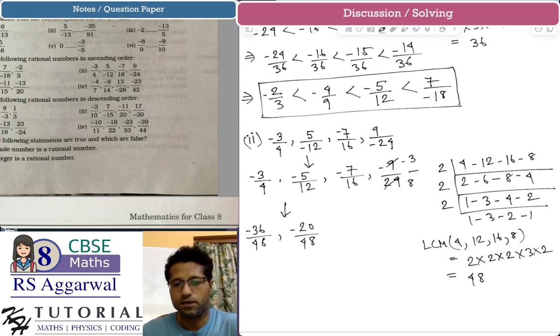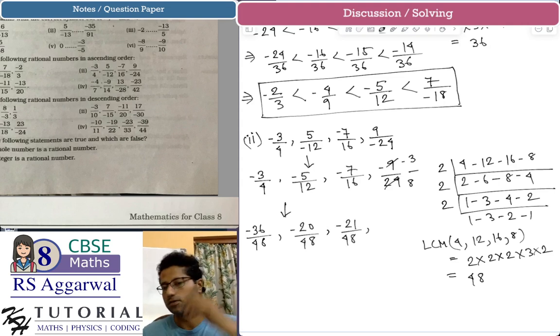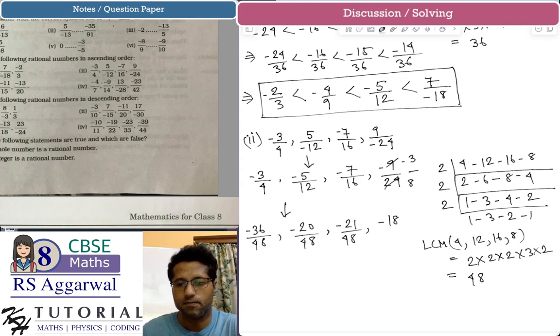Minus 7 by 16, we multiply both with 3. So this becomes minus 21 by 48. And minus 3 by 8, we multiply both with 6. So this becomes minus 18 by 48. Now we have all the rational numbers with common denominator 48.